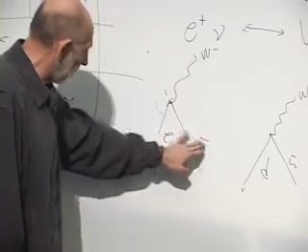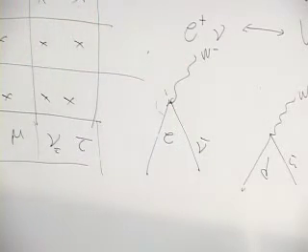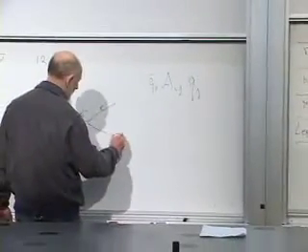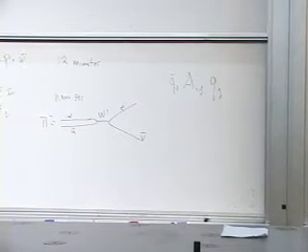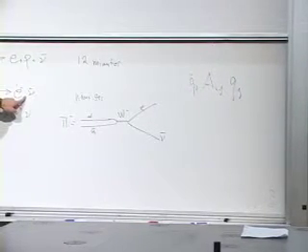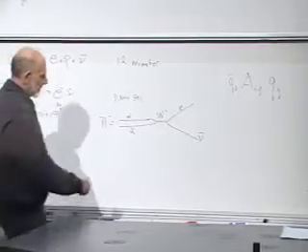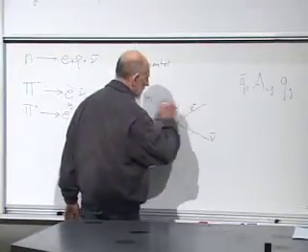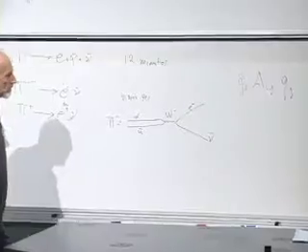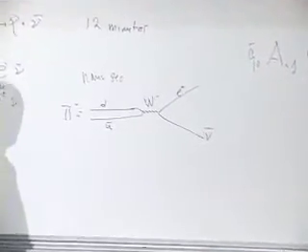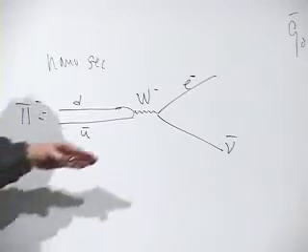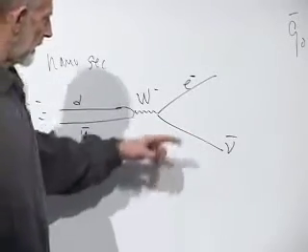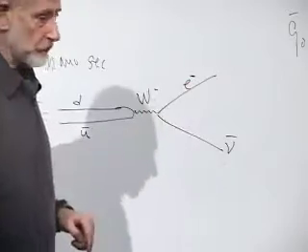So W minus can go to electron, anti-neutrino. And here it is, e minus, ordinary electron. So that's the basic underlying process that governs the beta decay of the negatively charged pion into an electron and an antineutrino.